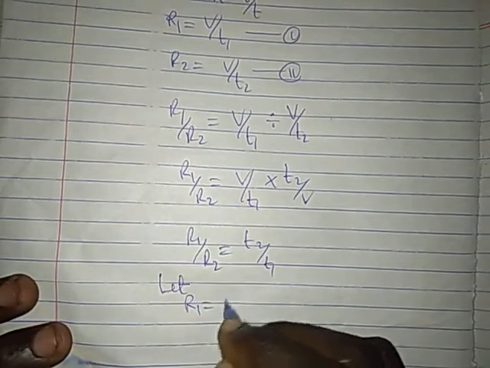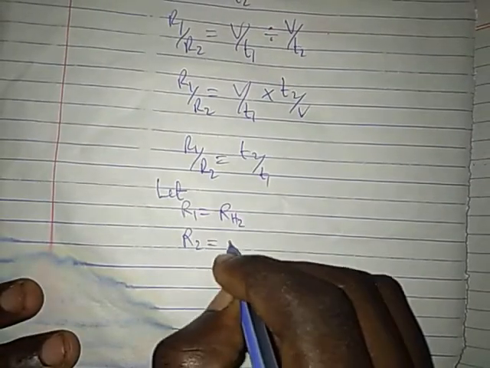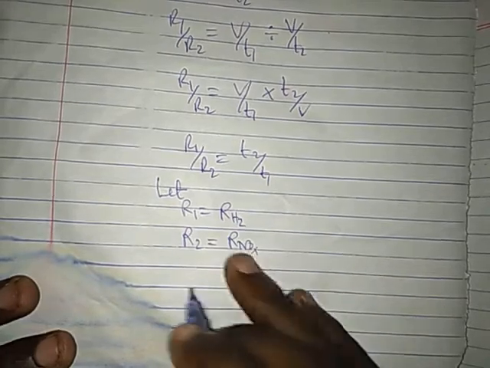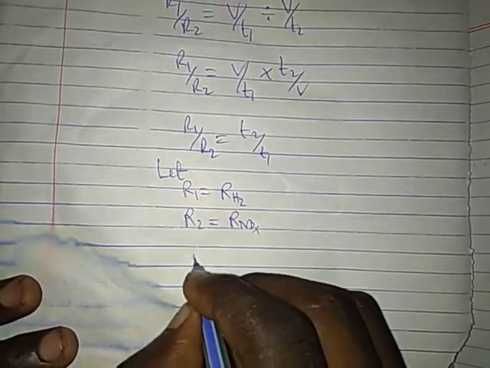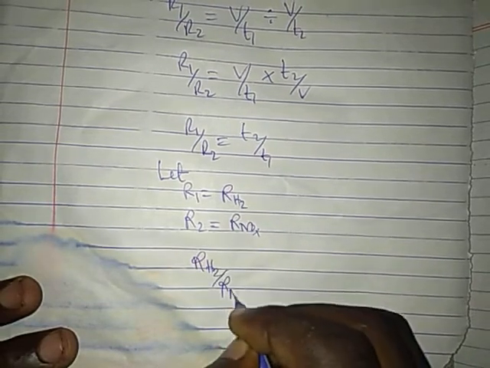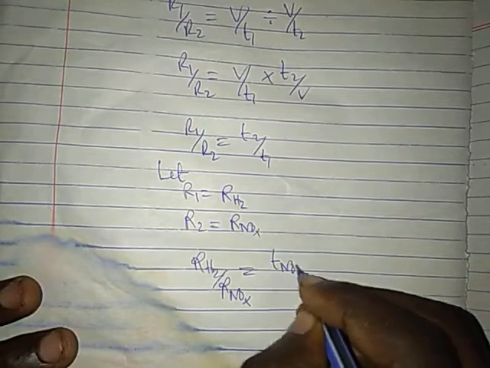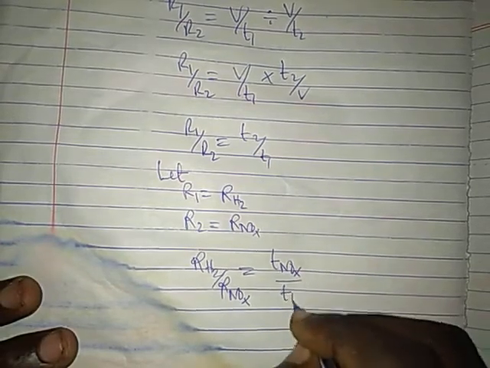Now you see, tukileta R1 iwe sawa na rate ya nini? Hydrogen gas. Na R2 iwe sawa na rate ya nini? Ile pale oxide of nitrogen. So rate ya hydrogen gas kwa rate ya oxide of nitrogen itakuwa time ya oxide of nitrogen kwa time ya hydrogen gas.